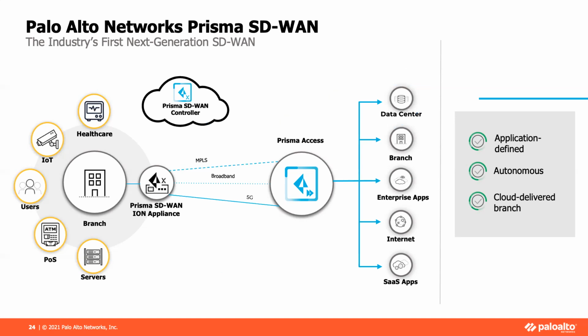Get them straight out to the internet when they need to, get them to the other branches when they need to, get them to their SaaS applications when they need to, but do that without having to backhaul them all the way back to the data centers. And do this easily and autonomously. Do it without somebody having to configure these devices. Zero touch provisioning. That's a big thing with SD-WAN.